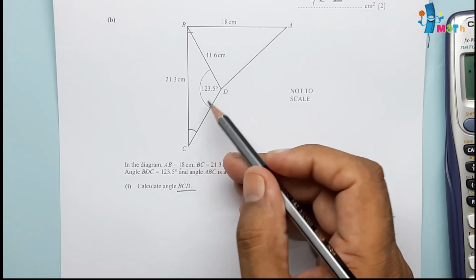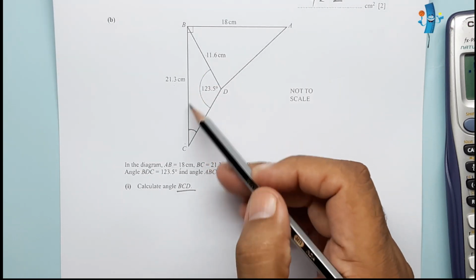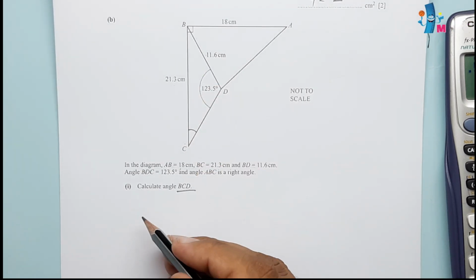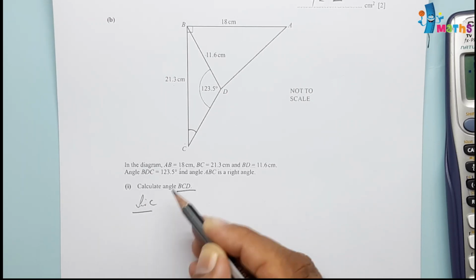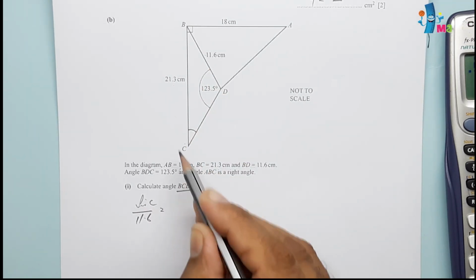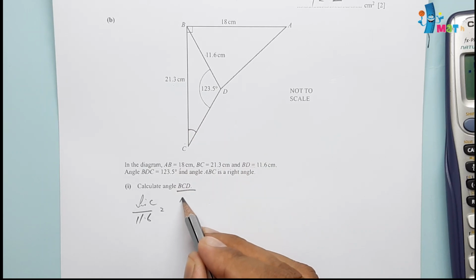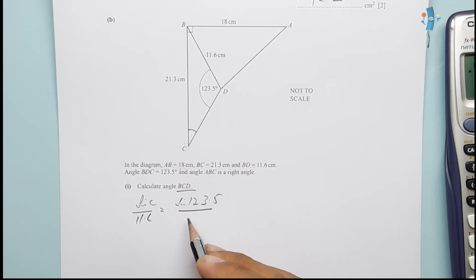So for this one, we have two sides and an angle, so we can use sine rule. So sine C over opposite side, which is 11.6, will be equal to sine of 123.5 over 21.3.